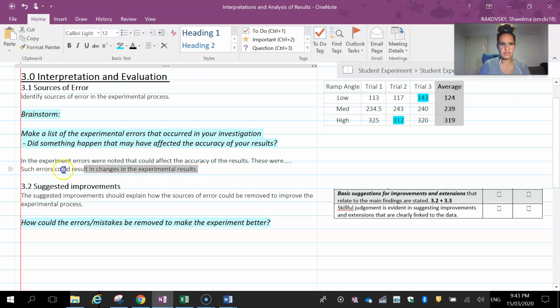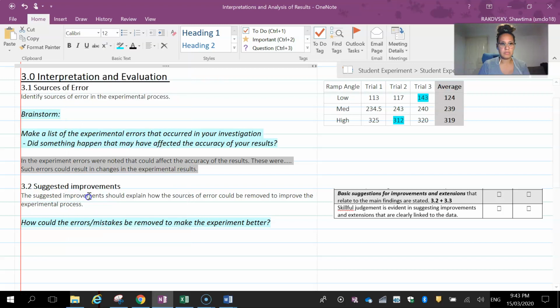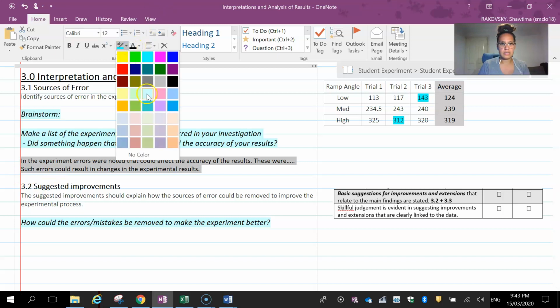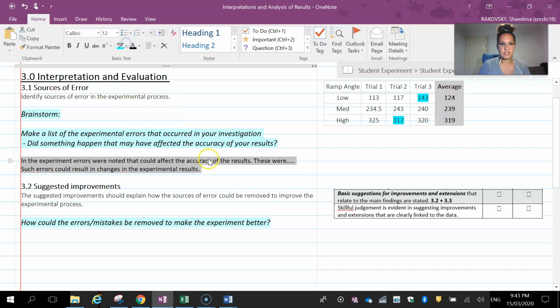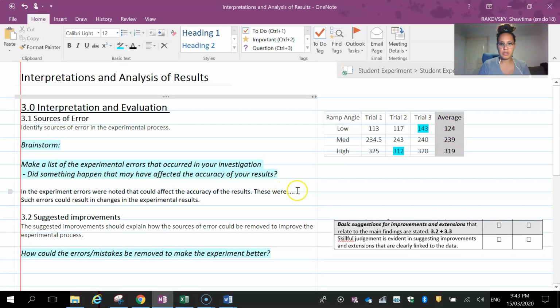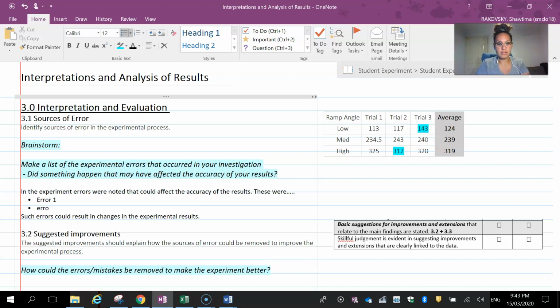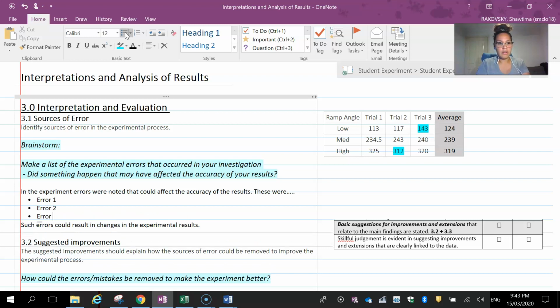I'm just going to change that so it's a bit easier for you guys to read. I'll just leave it as no color. All right, so whatever those results were, you might have dot points: error 1, error 2, error 3.